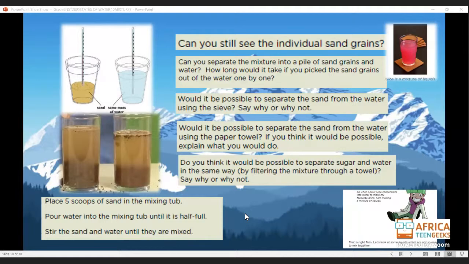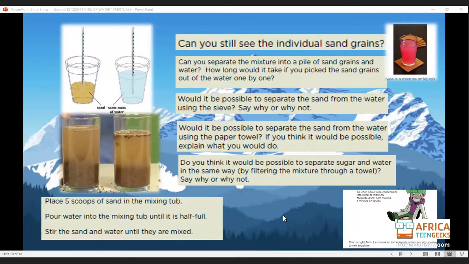Oh, my word. Okay, would it be possible to separate them using a paper towel? Someone mentioned that earlier. Who was it? Duvo. Would you use a paper towel? And would it work? What would you do?